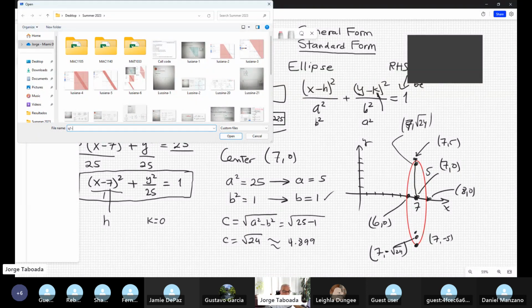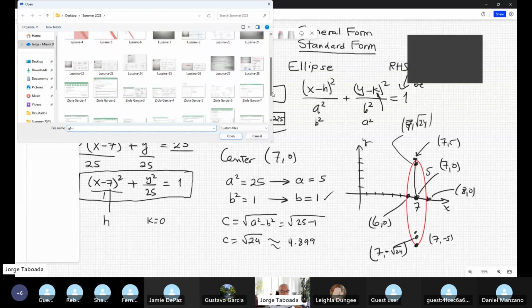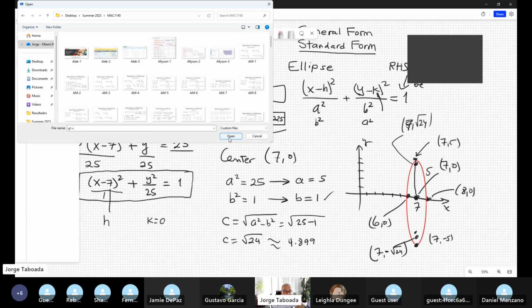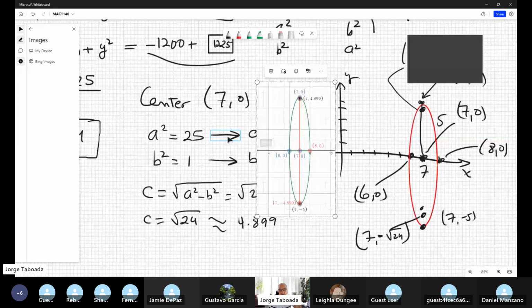Something is here. I saw it down there, I suppose, yes or no? Okay. No, I didn't find it. I don't remember if I saved it in the right place or not. No, let me see. No, sorry. Here, over there. There you go.